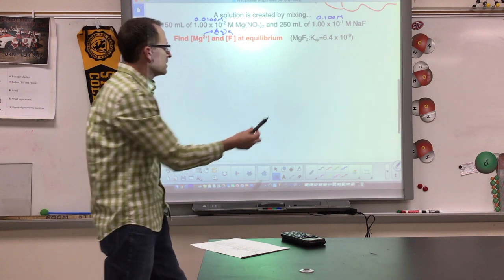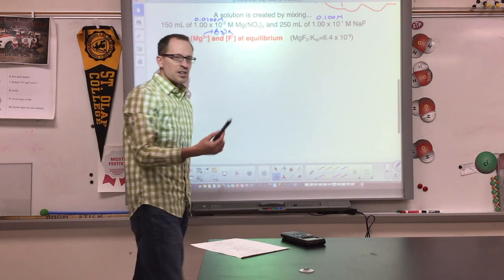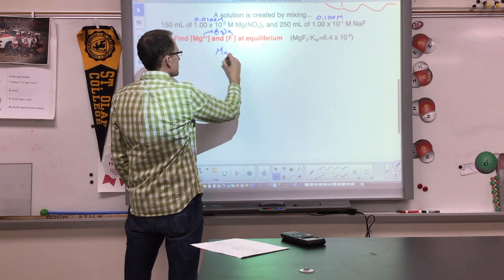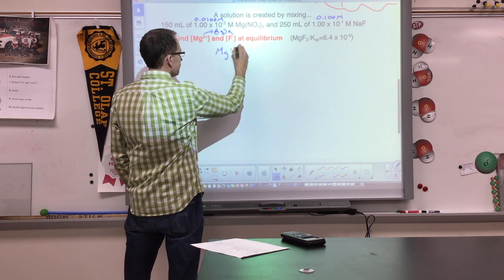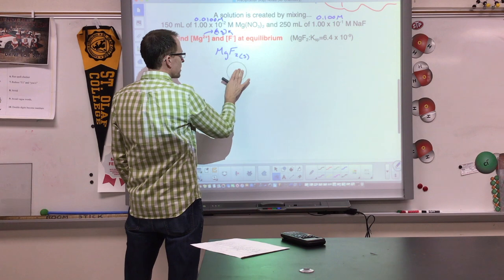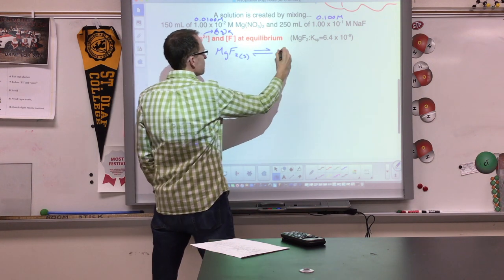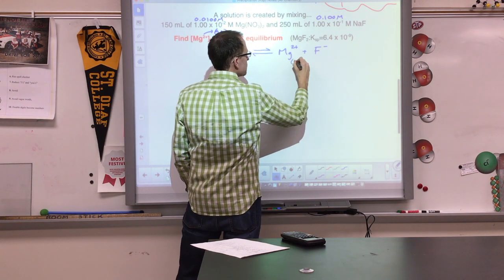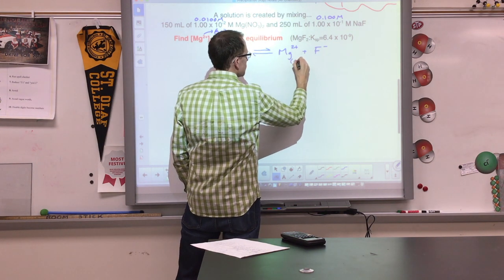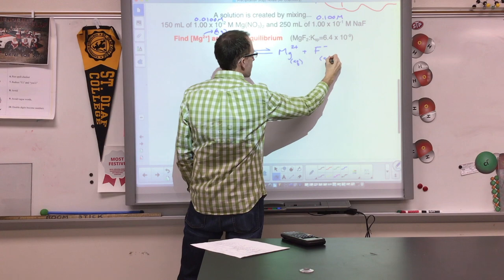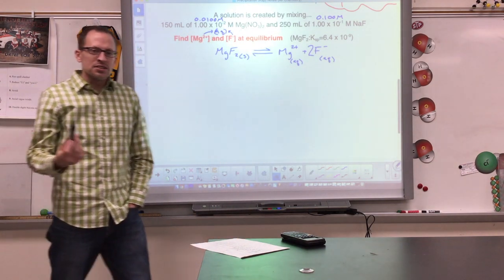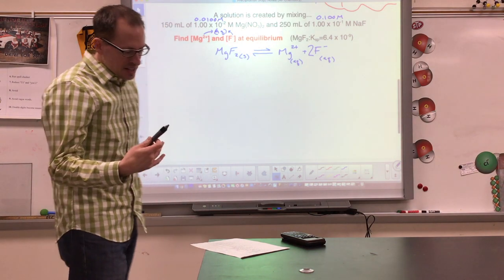And if you're ever given a Ksp, that's the compound in question. So literally, what I'm wondering is this. Here's my solid. That is my solubility balance equation that I need.